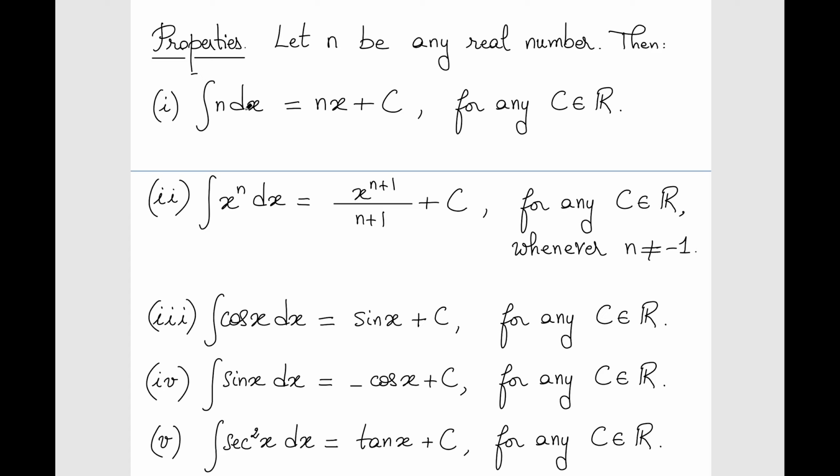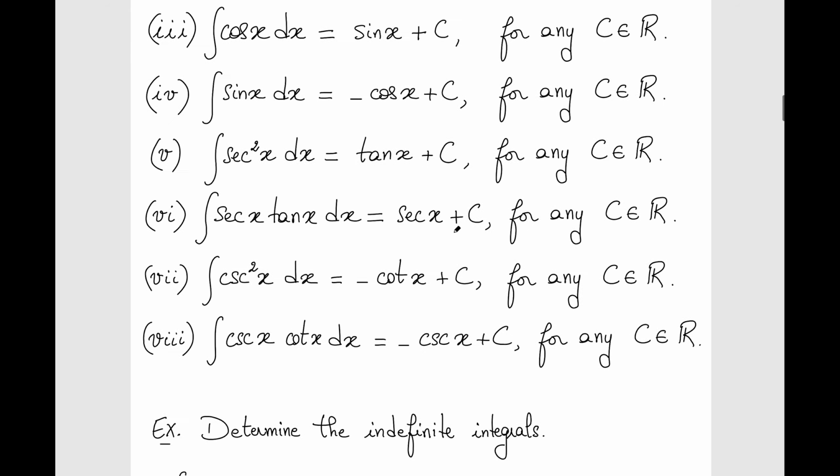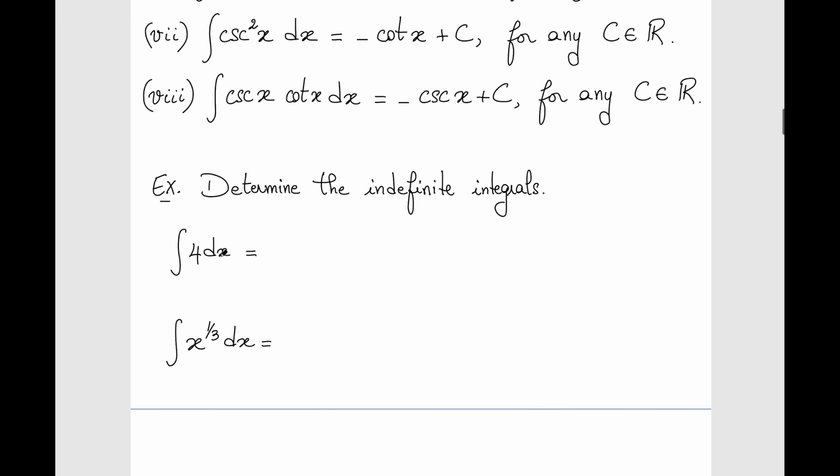The primitive of 4 dx is going to be 4x plus a constant, and that constant is arbitrary. Correct? So this is simply by property 1 with n equals 4. That's going to give me 4x plus c, where c is an arbitrary constant.